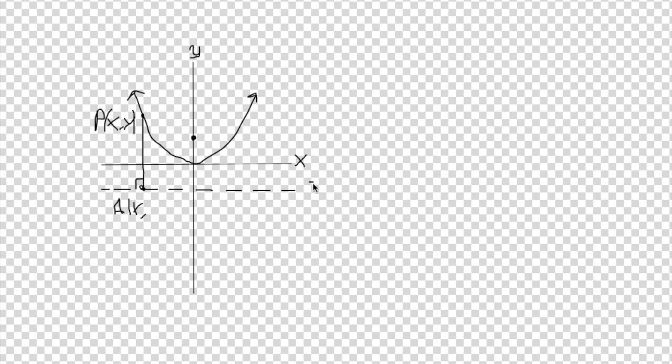Because the directrix is a line, the equation we're going to give it is y equals negative c. Thus, this point must have a y coordinate of negative c. Sorry, I said x earlier; that should be y.